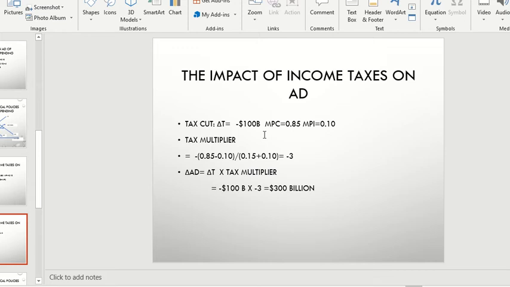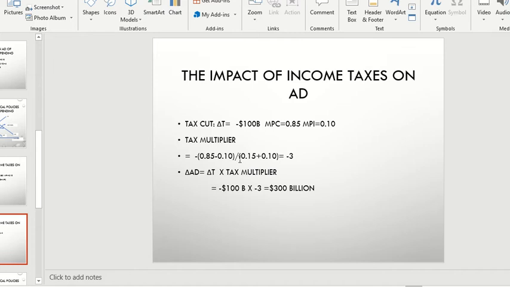Then once you take into consideration the multiplier effect, obviously the effect is much smaller because each round you have 85% of the previous change in income and so on and so forth. So in sum, income tax always has a smaller effect than government spending.